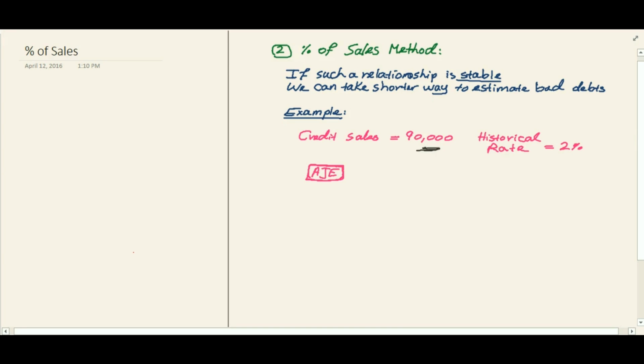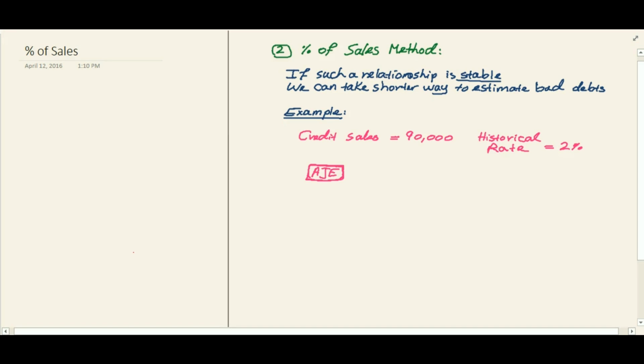So 90,000 is your credit sales for this year, or for this period, whatever. And you have, let's say, a stable relationship between the total credit sales and the total uncollectible. And let's say this historical rate is 2%. So historically, 2% of the credit sales are uncollectible.